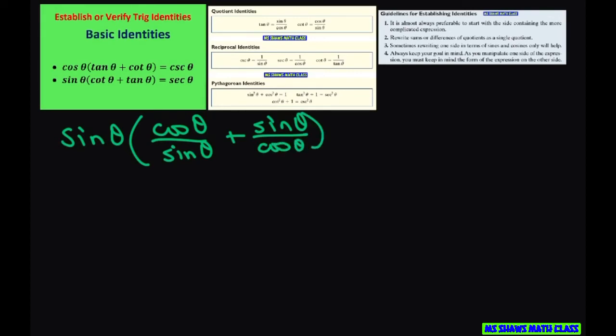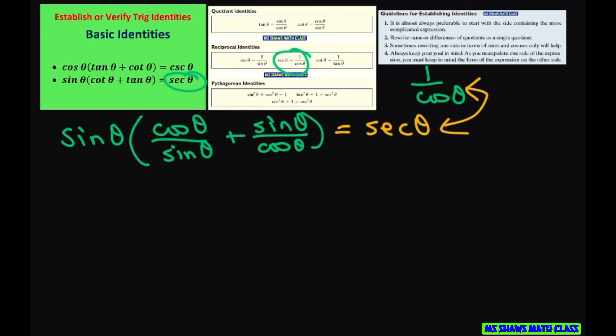And let's just keep in mind what secant is. Secant equals 1 divided by cosine of theta. Just to keep your eye on what we want it to equal, I'm going to go ahead and write secant of theta here, though. Those are the same.